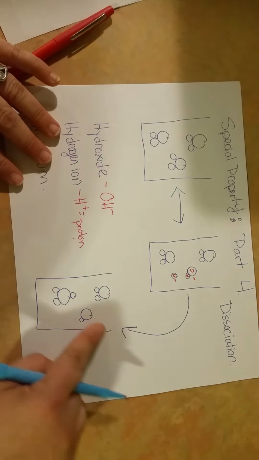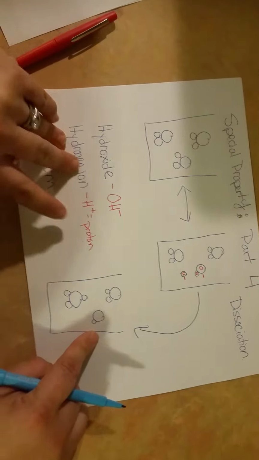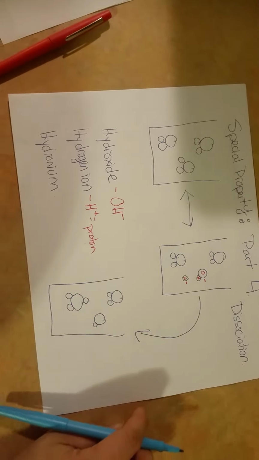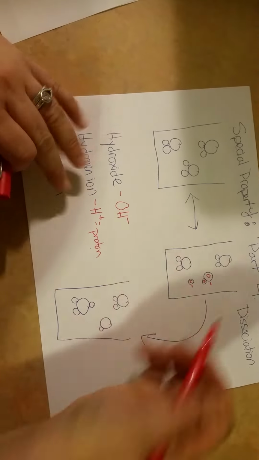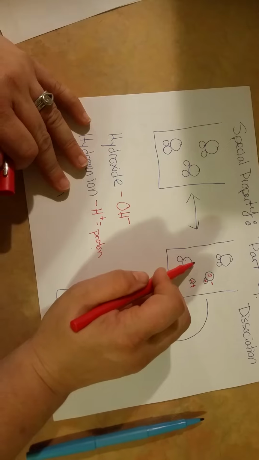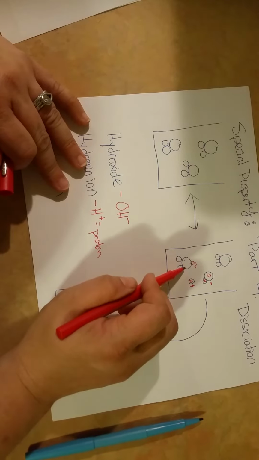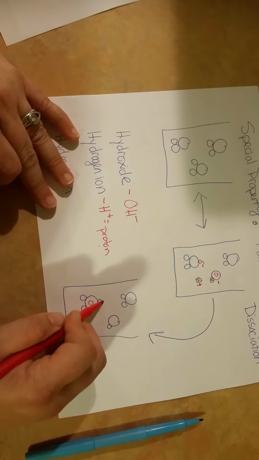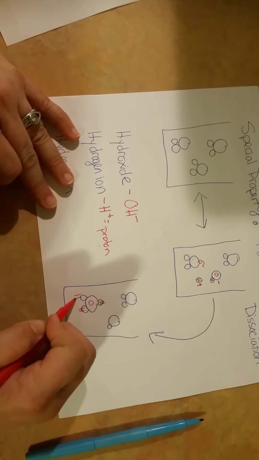So then if we go down here, there's something else that can happen. Because this little guy right here was positive, I'm sorry, that should have been a positive, it can attract to this negative end of the water molecule. And when that happens, it makes this, which is O with 3 H's.